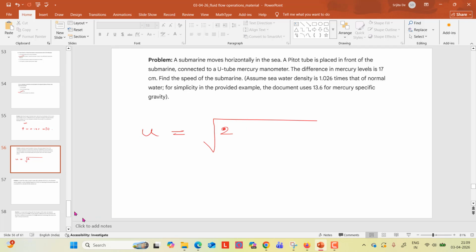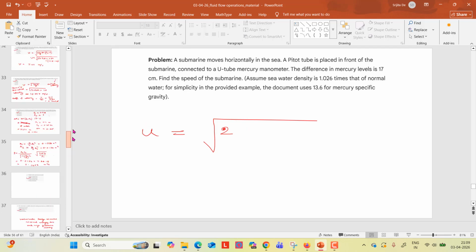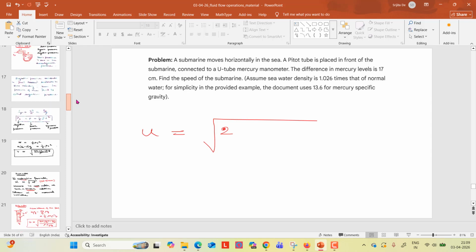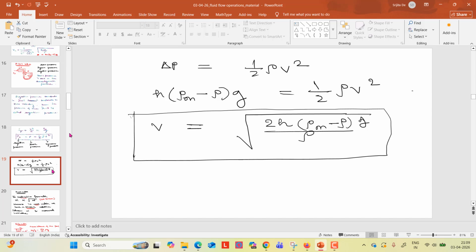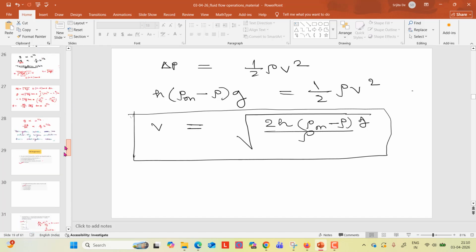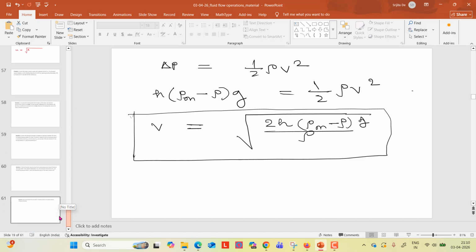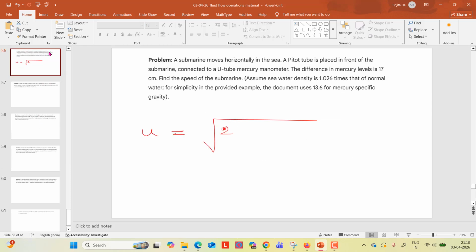I am forgetting every time. Yes, 2h (rho m minus rho) by rho into g. It is root under 2h into (rho m minus rho) into g by rho. Okay.